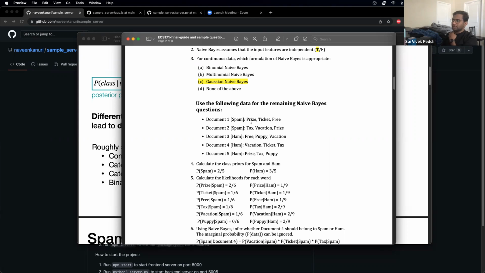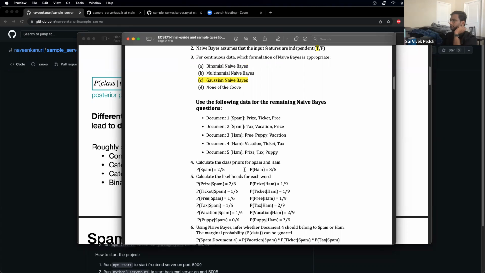Each document consists of some text tokens, so we'll use multinomial NB in this scenario. Document 2 has tax, vacation, price, and document 3 has free, puppy, vacation, and document 4 has vacation, tag, ticket, tax, and document 5 has price, tax, and puppy, right?